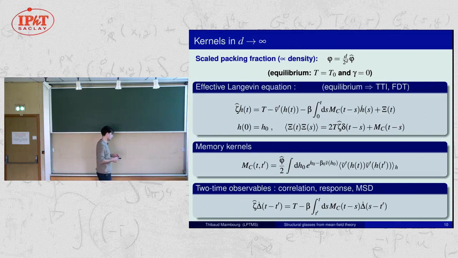There is maybe one example in which you can solve those coupled equations analytically: if you take the limit of very small density, and this has been done by Francesco Zamponi. So you can solve the equation, but apart from that, there is no fully analytical solution.